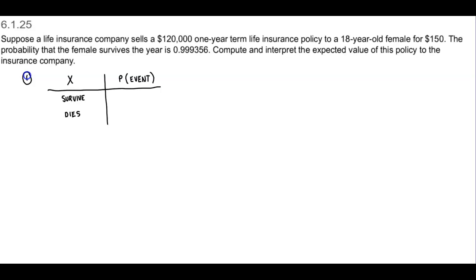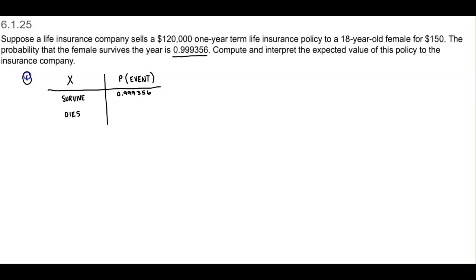So what do we know about the probability of the female surviving? Well, it's given in the problem, and it's 0.999356. Then we want to determine the probability of dies.